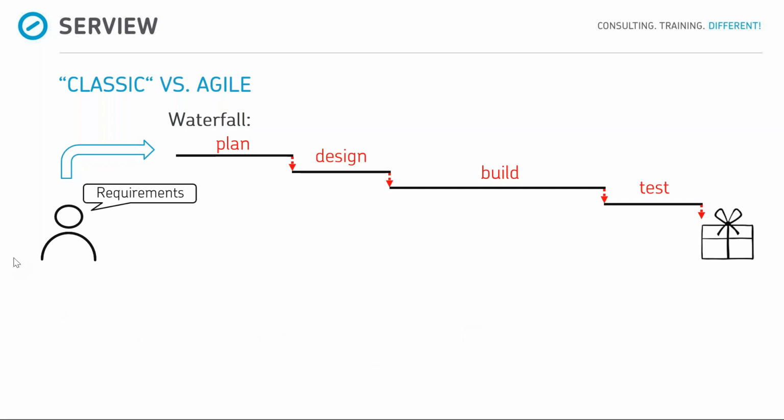Now, obviously, if we try to adapt that to our day-to-day project work, you would very quickly find that this is not always the case, and projects don't always work as they are planned.